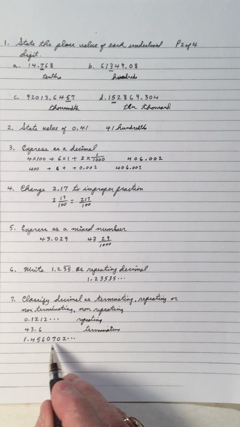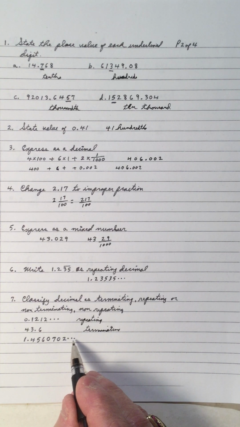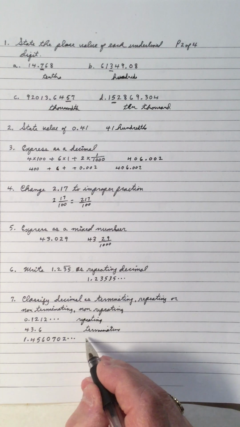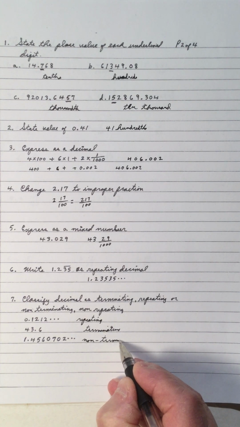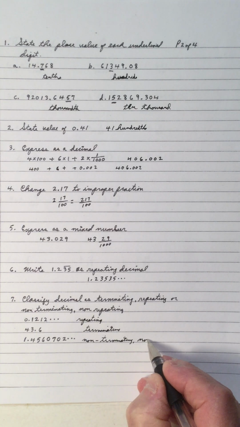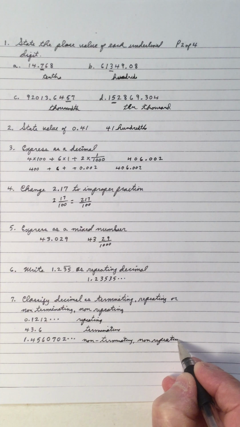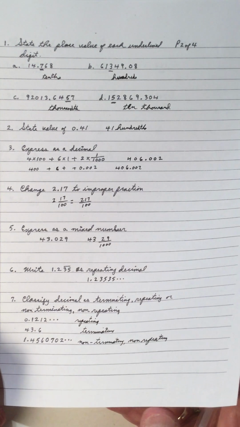And this one right here is not terminating because of the 3 dots. So is it repeating or not repeating? There's 0702, so it's non-terminating, and it's non-repeating. As we go further in math, we discover that this number is irrational. That's coming up later in the math.